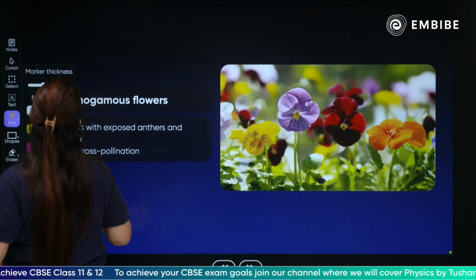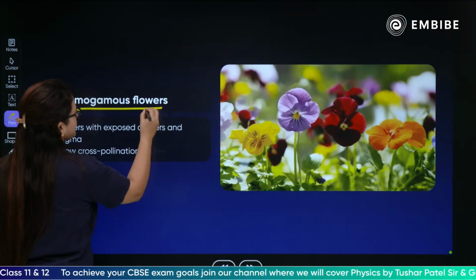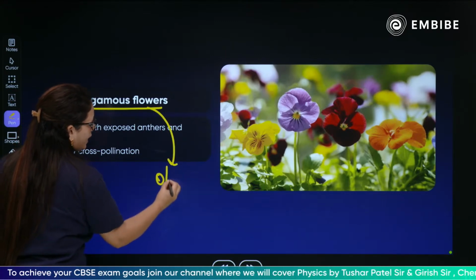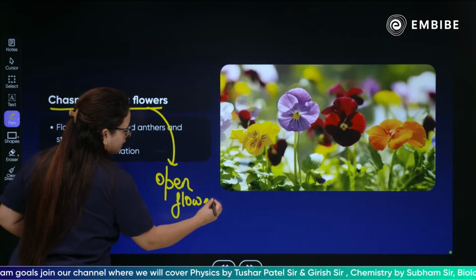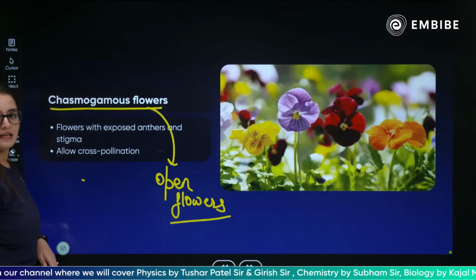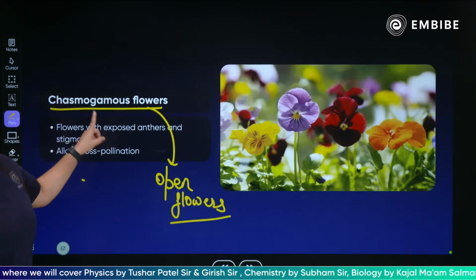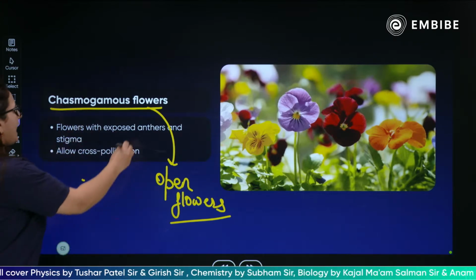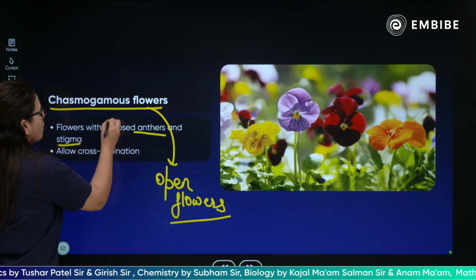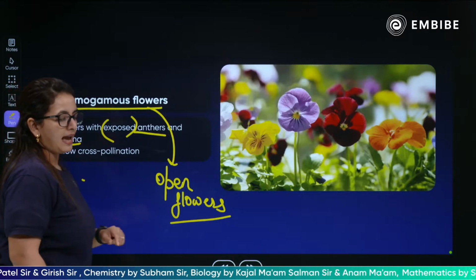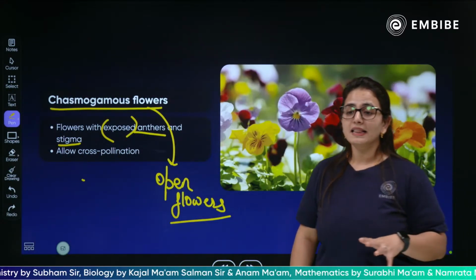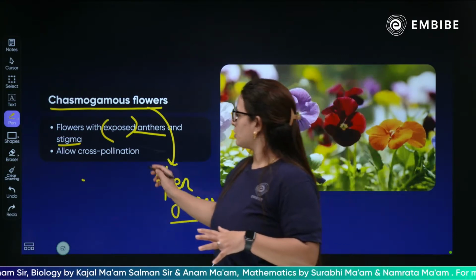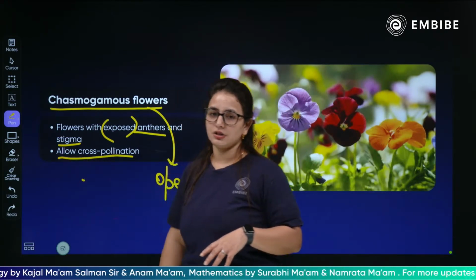In short, chasmogamous flowers are open flowers in which the anther and the stigma both are exposed, and they allow cross pollination.